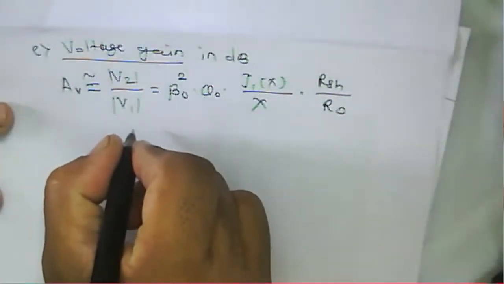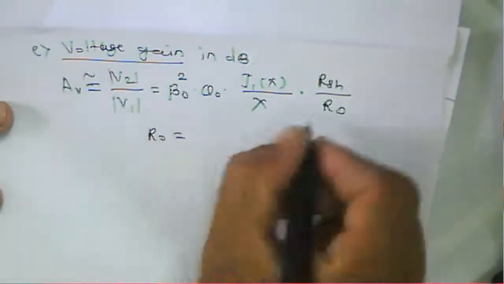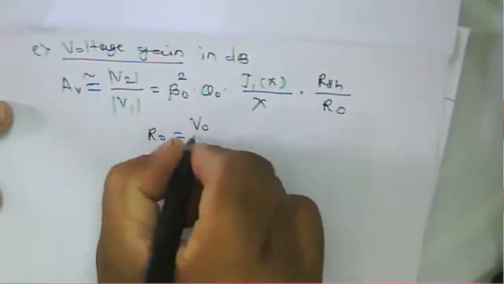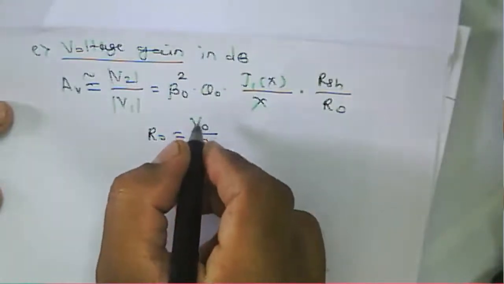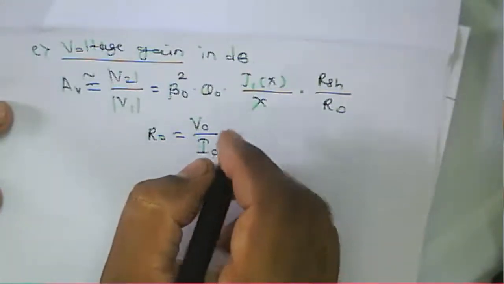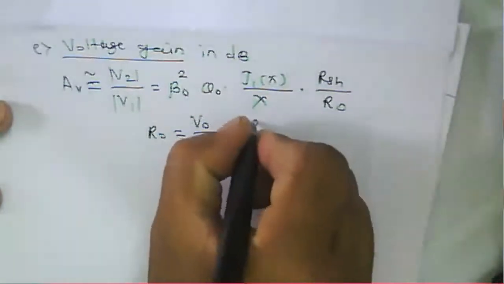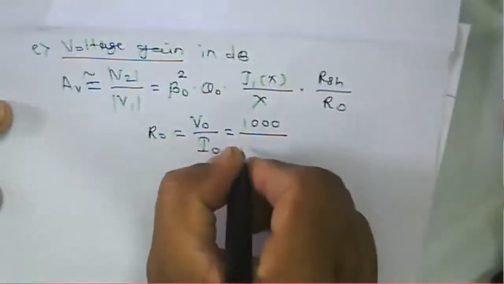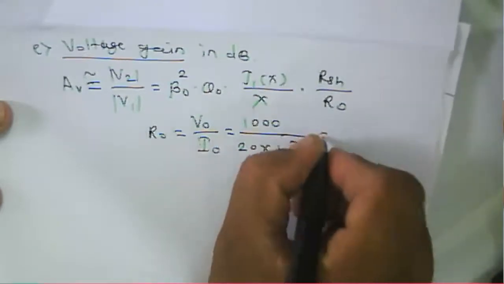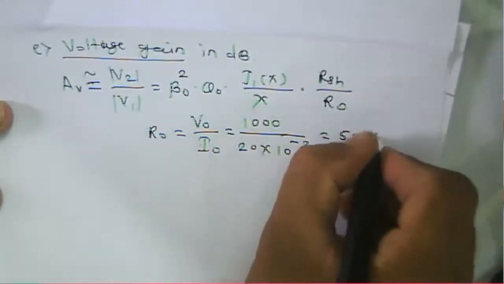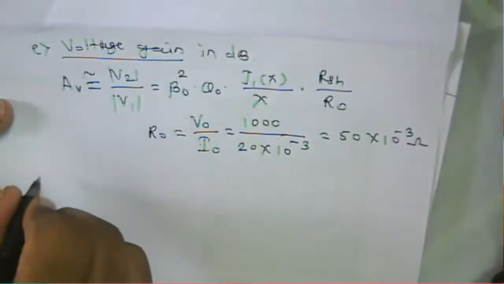So this is R_sh, and what is R0? How much is V0 and I0? V0 is the input beam voltage and I0 is the current. So we will first find R0. Beam voltage is 1000 and beam current is 20 milliampere. After solving, we get 3 into 10 power minus 3.